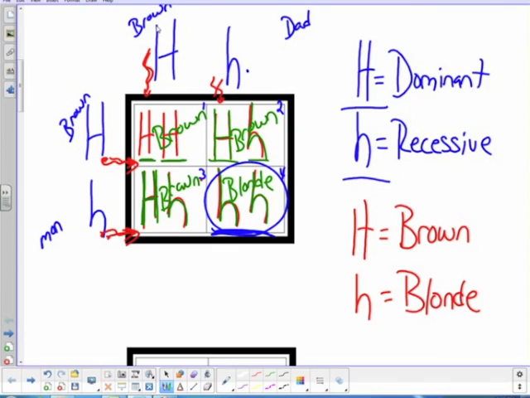My wife must be carrying an allele for blonde. Therefore, my son, 1 out of 4 chance. There's 4 quadrants here. That's 25%, 25%, 25%, 25%, which equals 100%. So 1 out of 4, or 25% chance that my son was going to get blonde hair, and he just so happened to get that blonde hair.